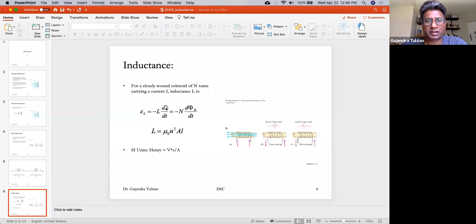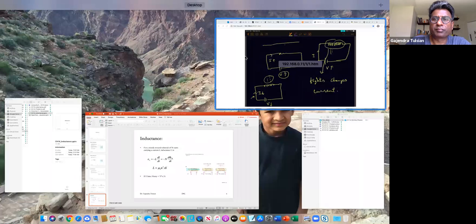It's minus L times di by dt. L is called the inductance of the coil, and the inductance is given by this expression. Mu naught, little n is the number of turns per unit length. A is the area of cross-section of the coil, and L is the length of the coil. This is the volume of the coil.